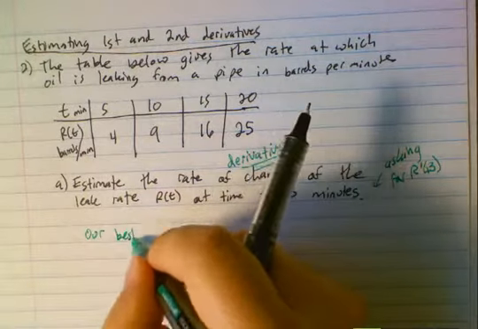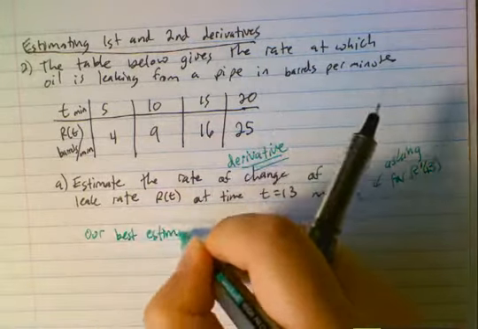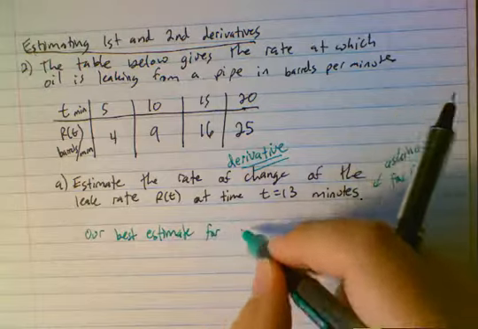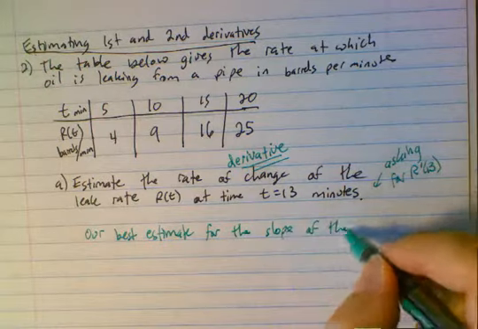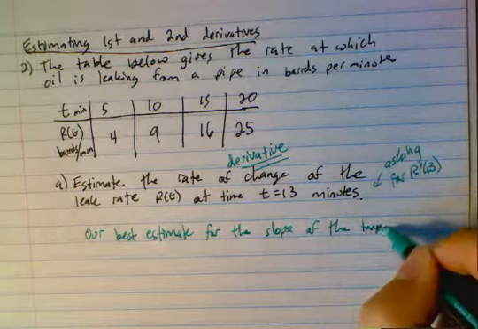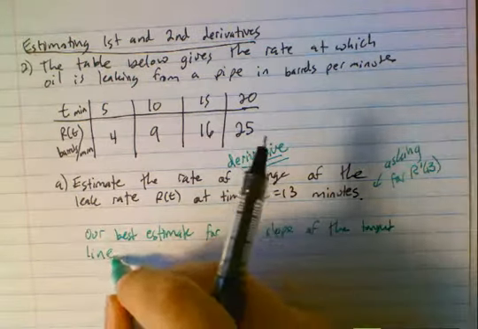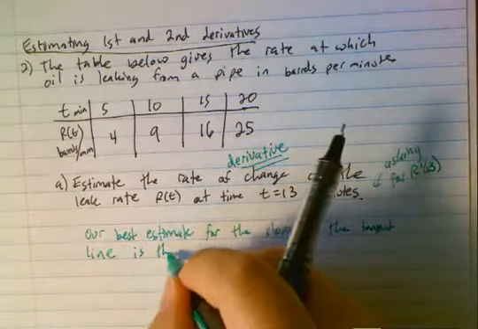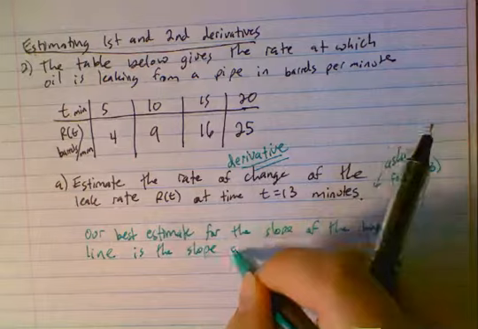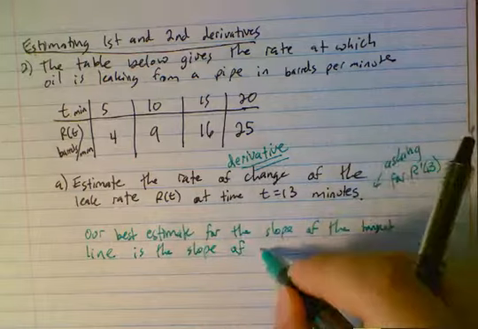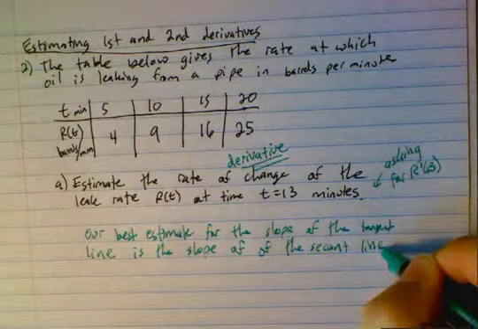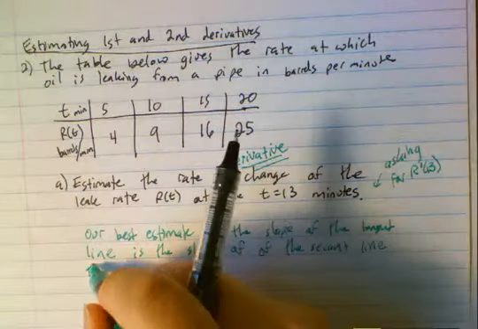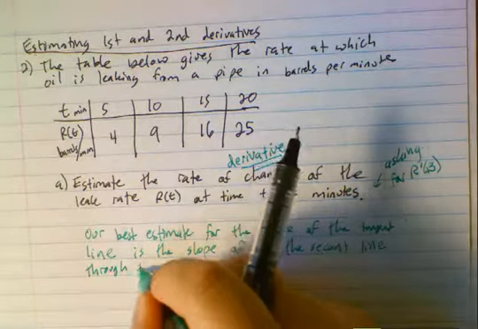Our best estimate of the slope of the tangent line is the slope of the secant line through the points on either side.